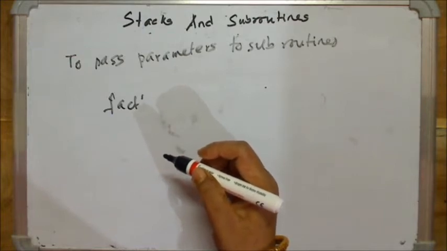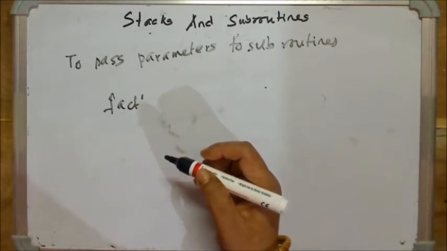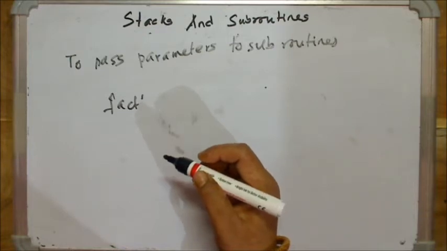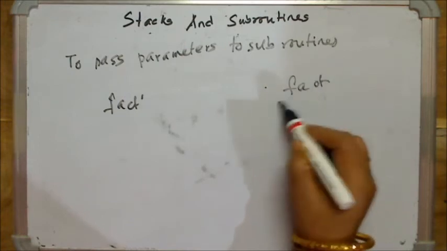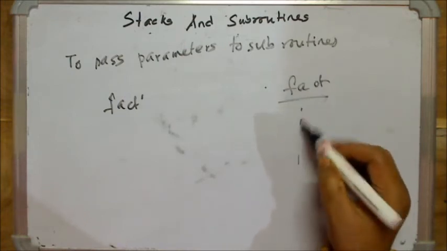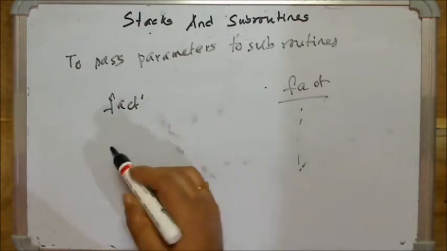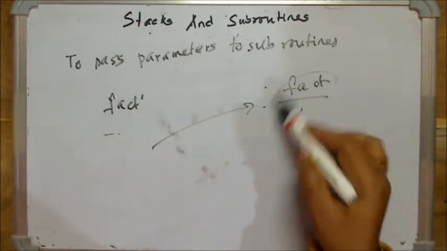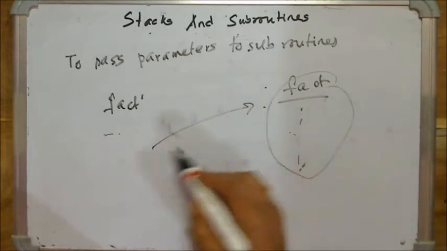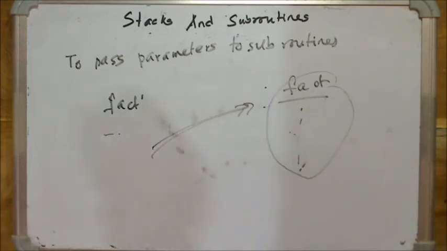Now suppose your function finds the factorial of 10. Whenever you call this function from your program, it will give you the factorial of 10. Every time you call the subroutine, it will give you the factorial of 10.